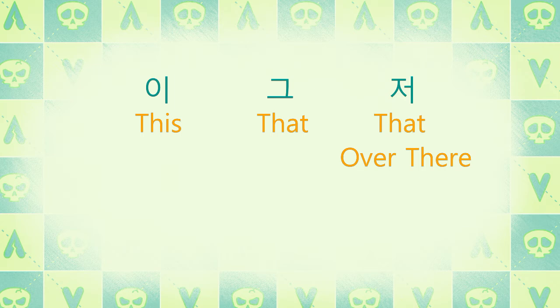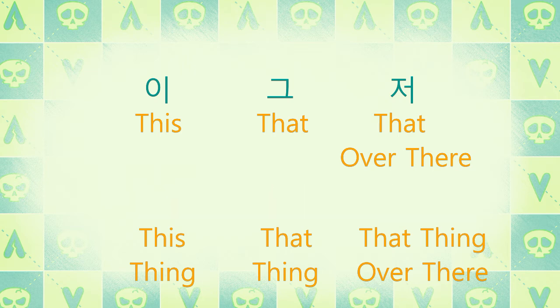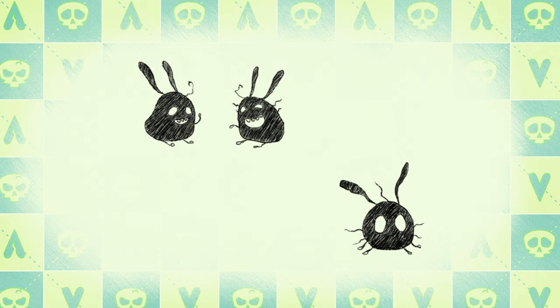For instance, 이것, 그것, 저것, which means this thing, that thing, and that thing over there. Or you will hear 이거, 그거, 저거, or 이게, 그게, 저게. Depending on the location of what you're talking about, obviously, is what word you're going to be using.